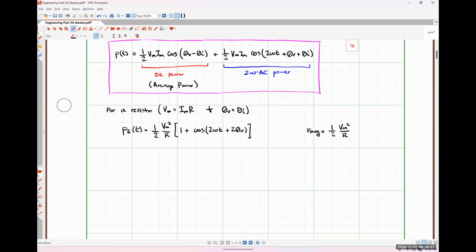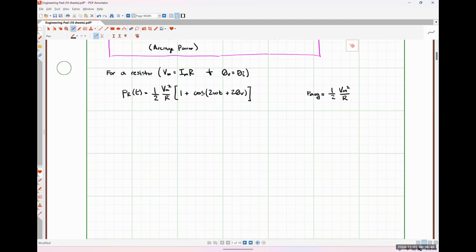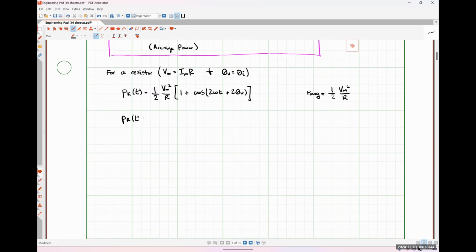So it's almost the same thing as our DC relationship, except that there's a pesky factor of 1/2 in front because of that trig identity that we're using. Okay. In terms of current, this is going to look like 1/2 Im squared times R, right?